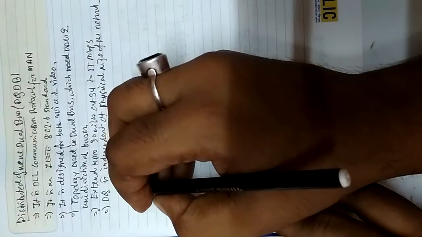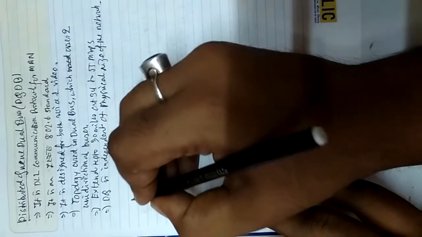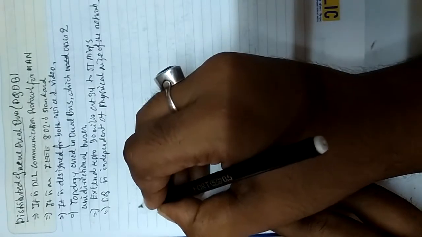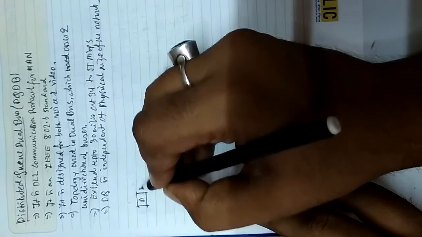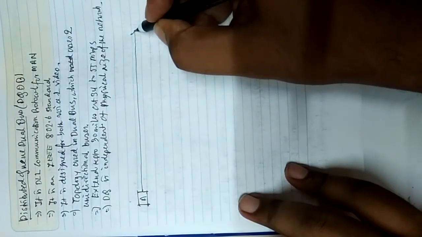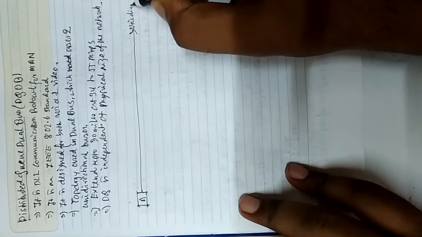Okay. So let us say there is a bus, that is bus A. This is the bus A, and it is unidirectional.